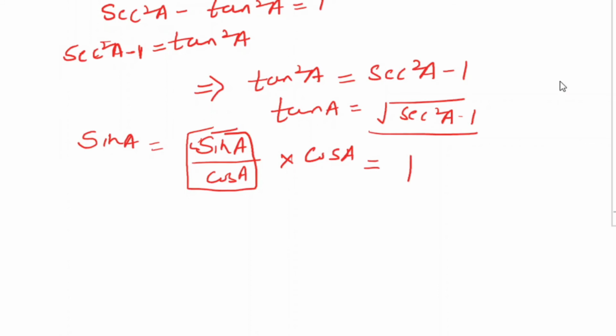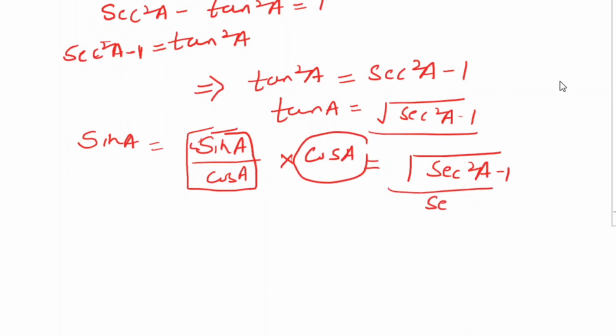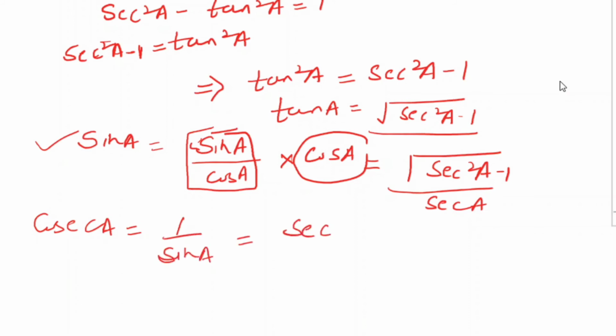So this becomes root sec square A minus 1, and what is cos A? Cos A is 1 upon sec A. This is done. So when you can find sin A, can't you find cosecant A? Cosecant A is the reciprocal of sin A. So what we need to do is write the reciprocal. Done.